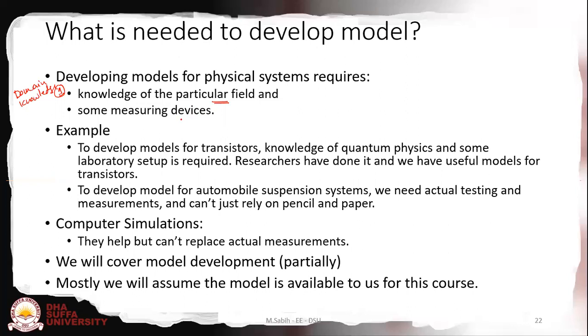Even in data science or anything else, if we don't talk to the experts of the field and try to make models without their expert advice, we are on the wrong track. And the second thing is we should have some very good measurement devices so that we collect the proper data. Okay.